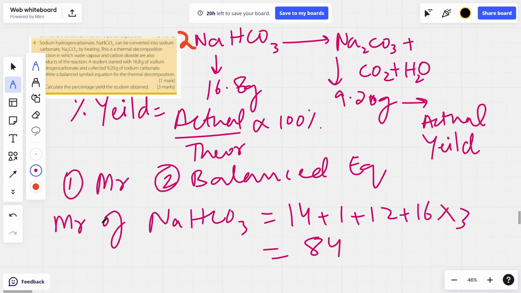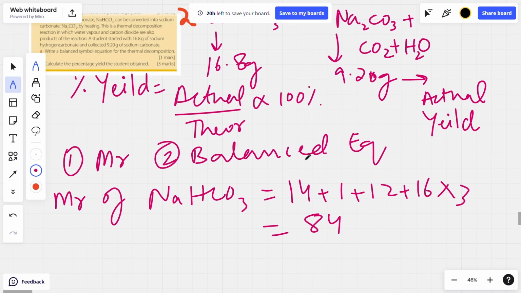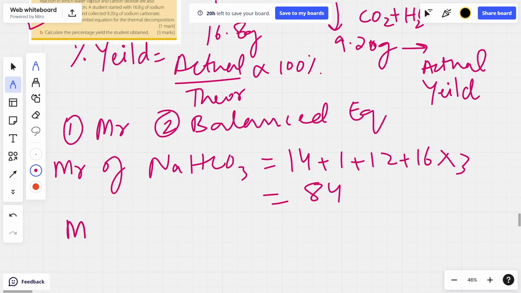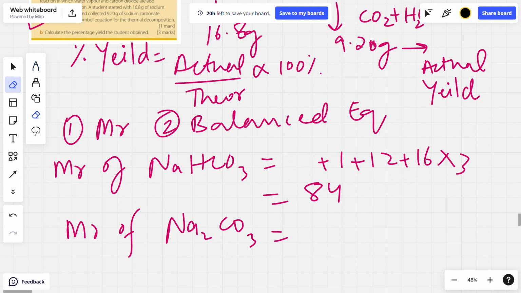Now we will find out the formula mass of the sodium carbonate. So sodium is 23. Sorry, it was 23 here.